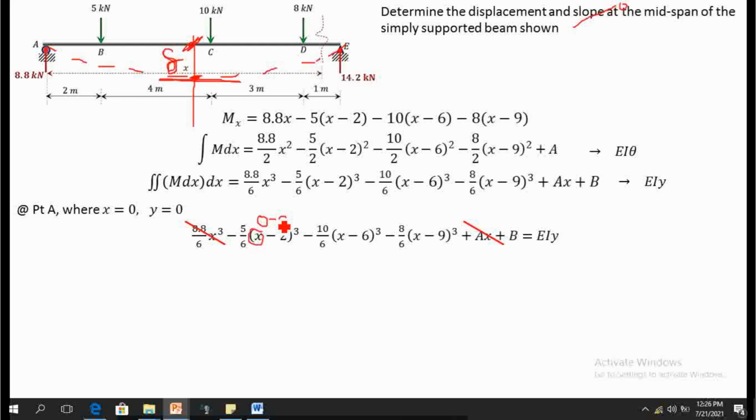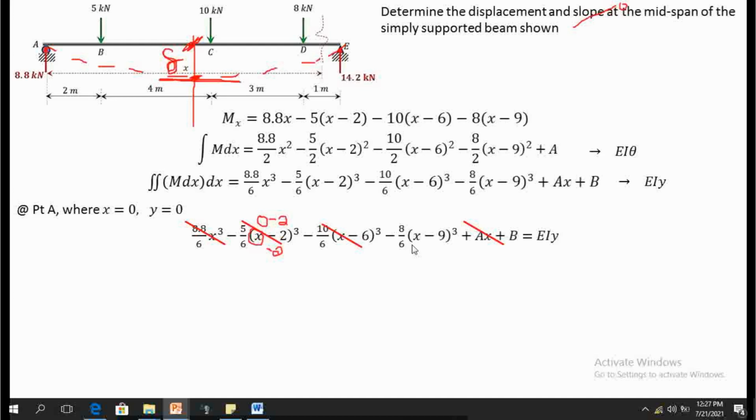And the answer to this will be negative 2. Now, in using double integration, if the value inside the parenthesis is a negative value, you have to disregard that one. Ulit, if the value inside the parenthesis is 0 or a negative value, you have to ignore it.